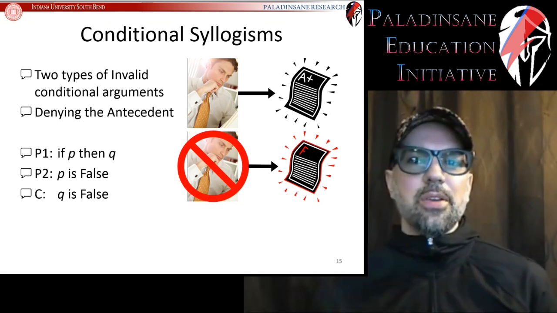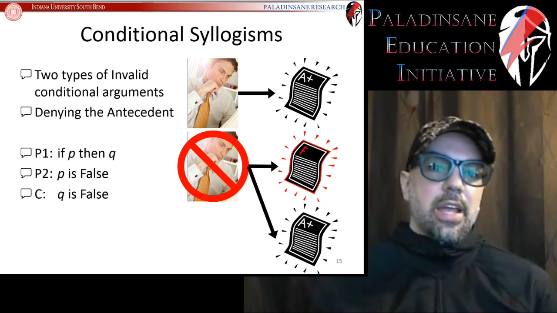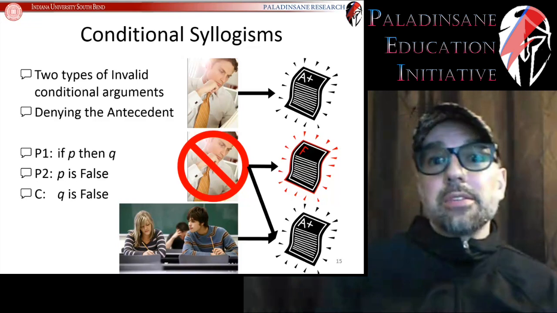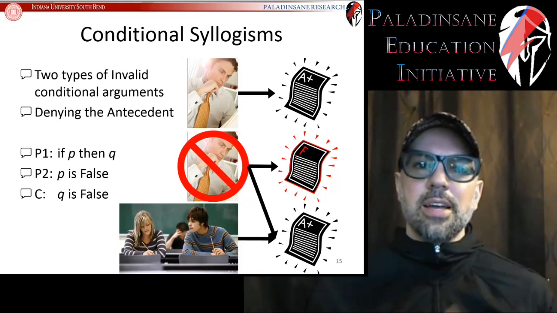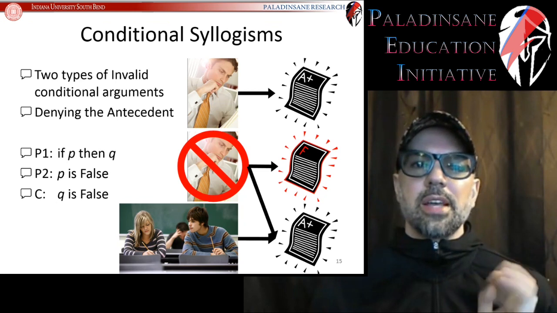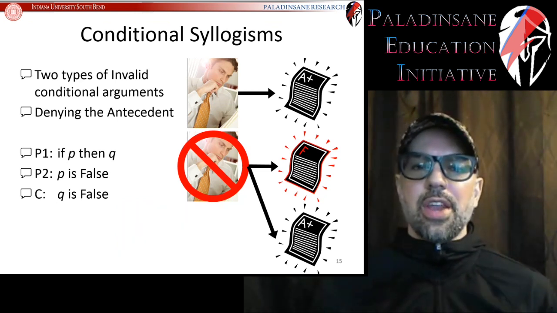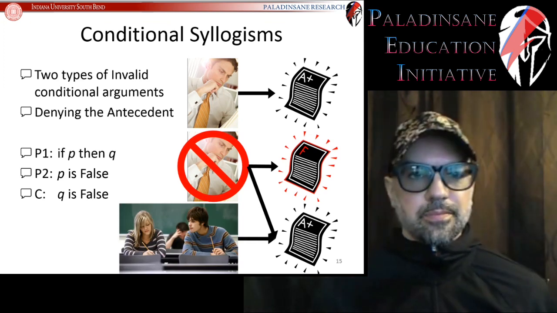It says nothing about if you don't study because you might not study and end up with a good grade. Again, if you got that good grade by other possibly nefarious means. So because those two possibilities still exist, given those first two premises, concluding that you must have not studied is not valid because it's not locked in, it's not guaranteed.